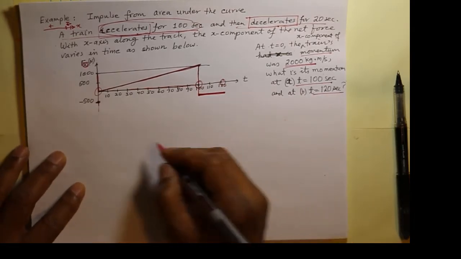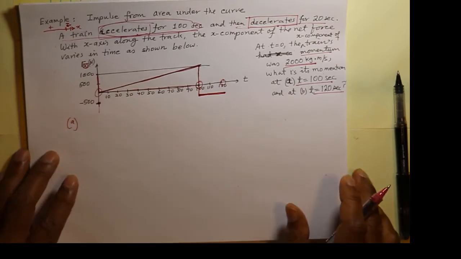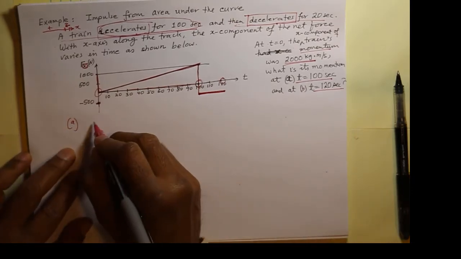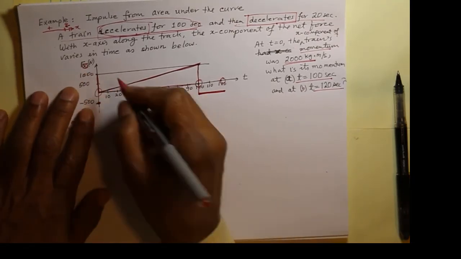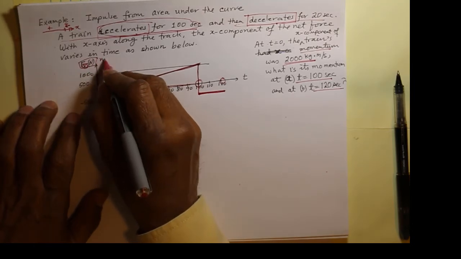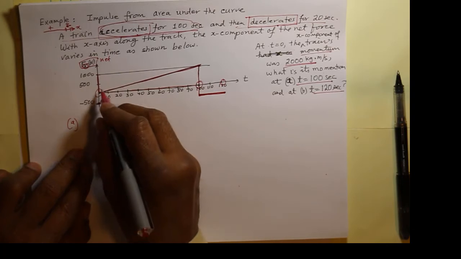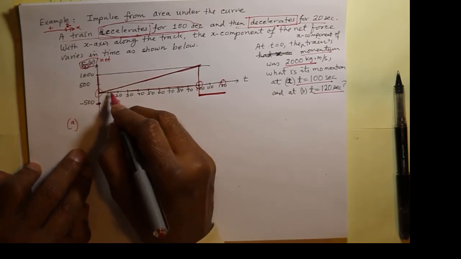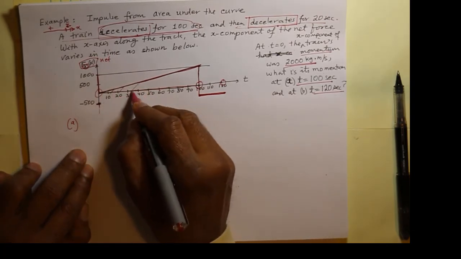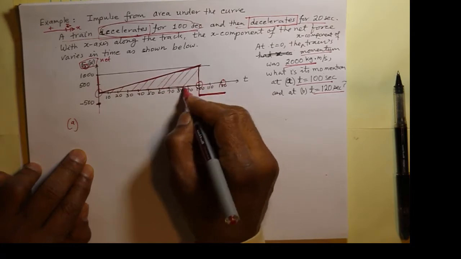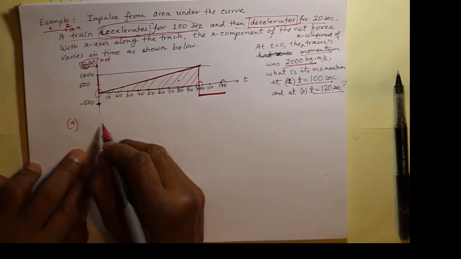Well, how do I do A? Assuming this is the net force, I can find the area under this curve, and that will give me the net impulse.